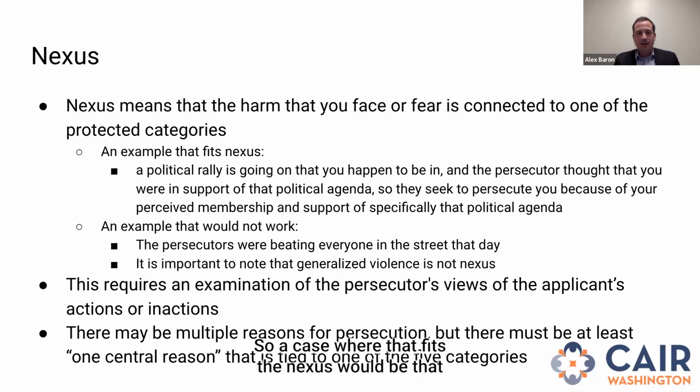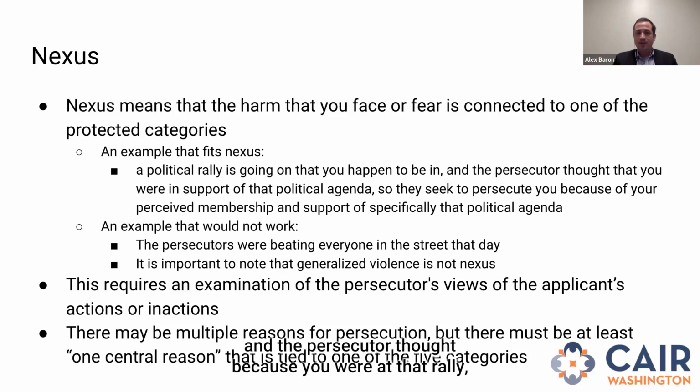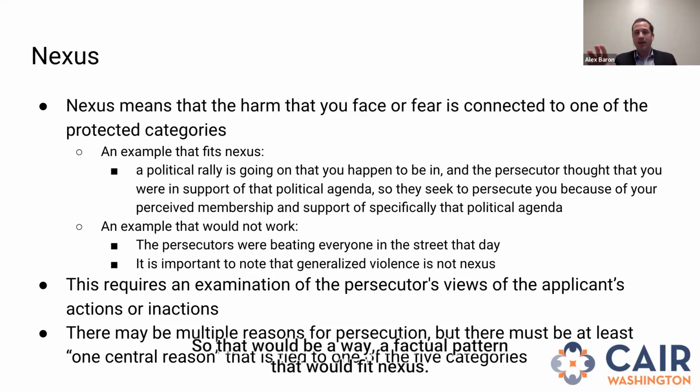A case where that fits the nexus would be that there's a political rally going on and you happen to be at that political rally. And the persecutor thought because you were at that rally that you were in support of that political agenda. And then the persecutor persecutes you because of their perception that you support that agenda because you were at the rally. So that would be a factual pattern that would fit nexus.